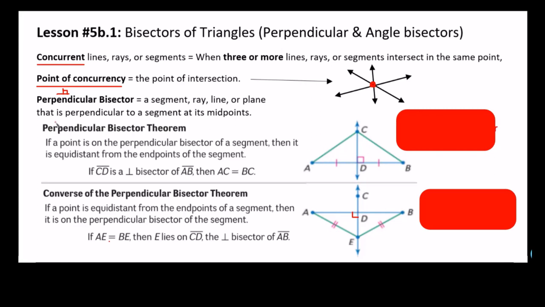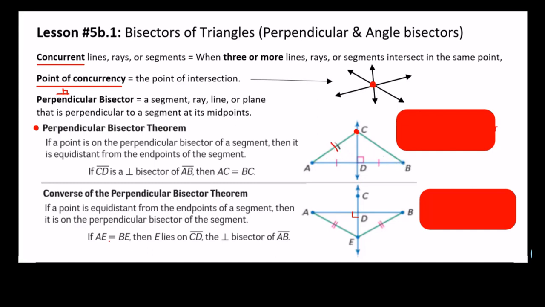All right, now let's talk about one theorem here called the perpendicular bisector theorem. Basically what this theorem says is, if you have any point on the perpendicular bisector of a segment, so right here I have a point C, that point is equidistant to the endpoints of the segment.